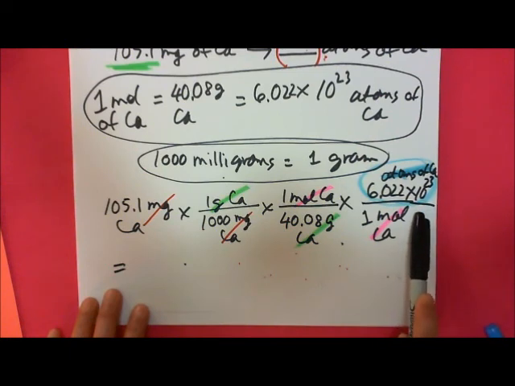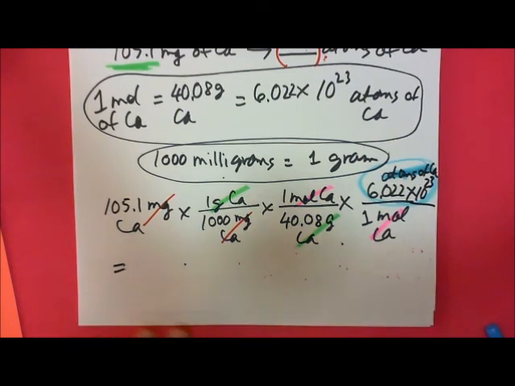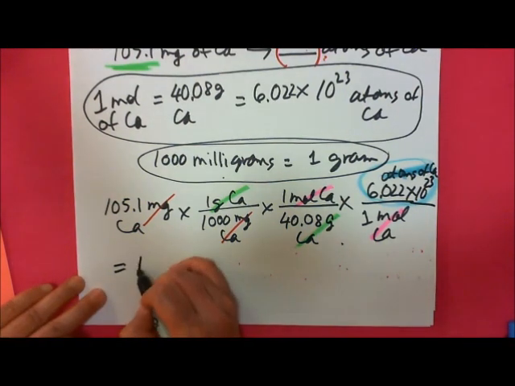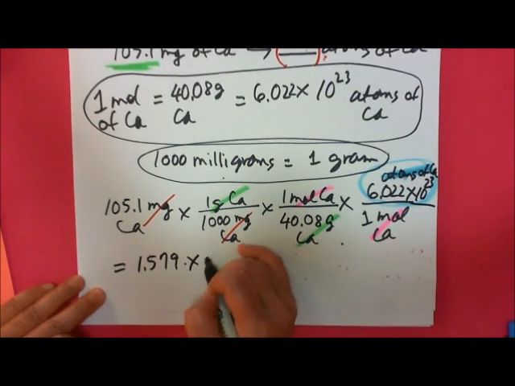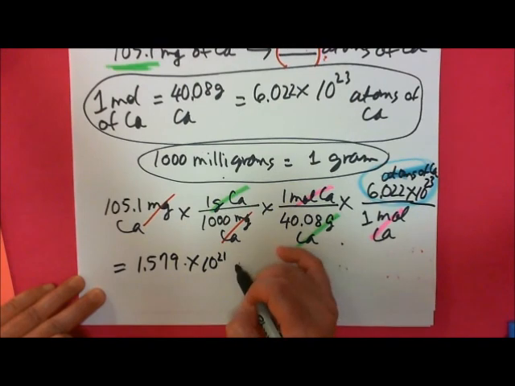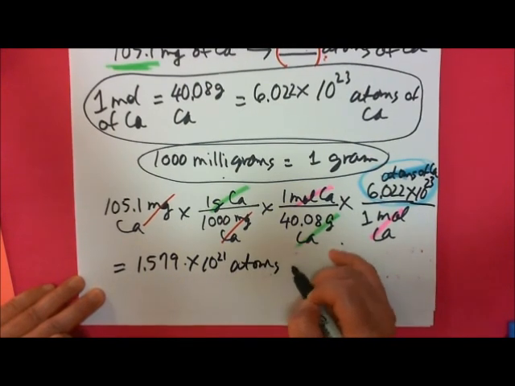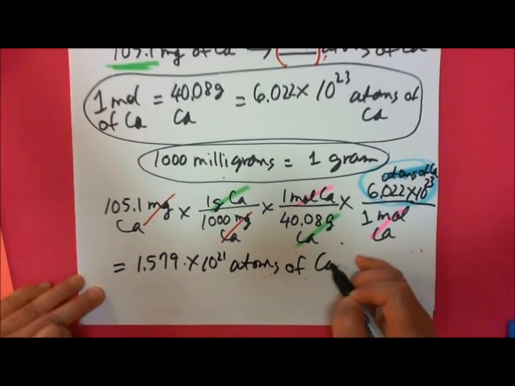I hope you all know how to do exponential numbers in your calculator. And then we get as our final answer 1.579 times 10 to the 21st atoms of calcium.